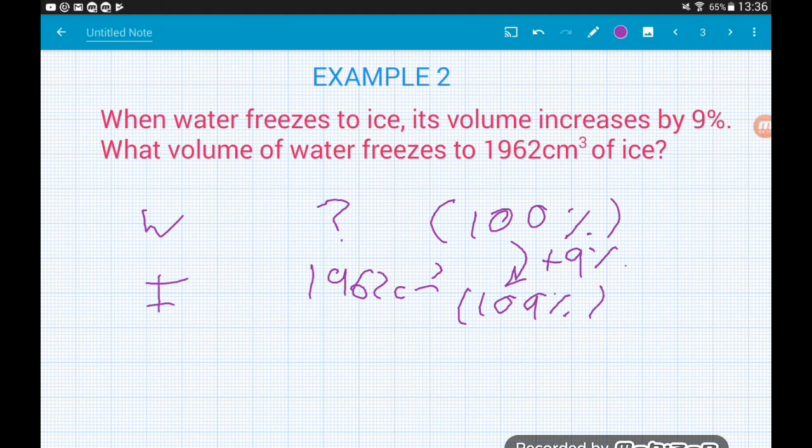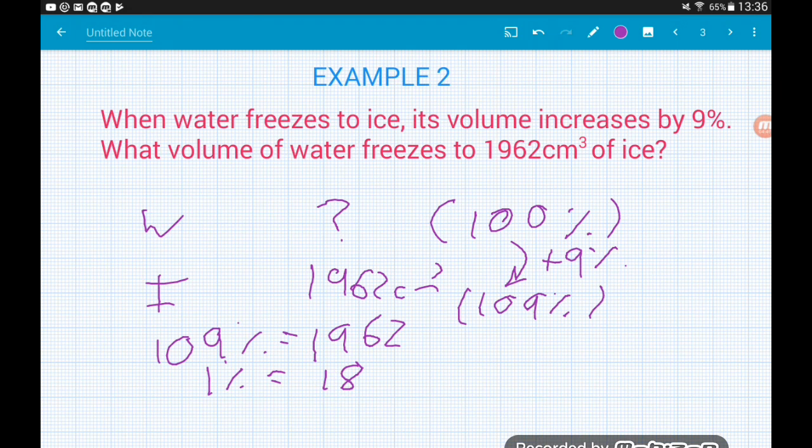Now we're going to use exactly the same method as we did in the last question. We now know that 109% is equal to 1962. If we divide both sides by 109, that will tell us what 1% is. So if you smash into your calculator 1962 divided by 109, you will be left with 18.